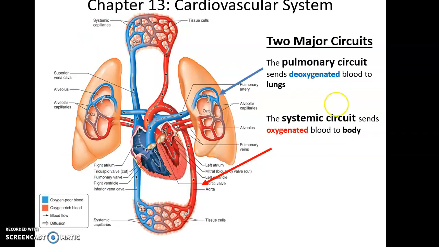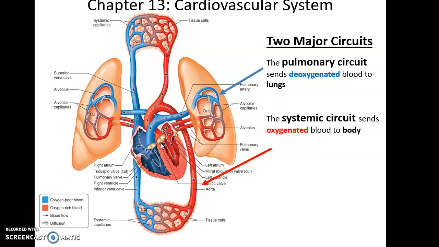So there are two main circuits to the cardiovascular system. You have the pulmonary circuit. The pulmonary circuit carries deoxygenated blood from the heart to the lungs, and then oxygenated blood returns from the lungs to the heart.